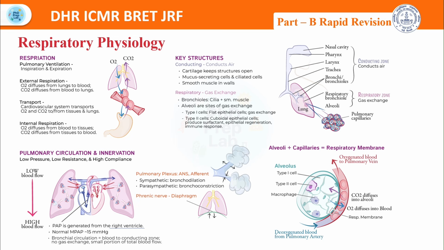Then you can see the pulmonary circulation and innervation. The pulmonary circulation is where the deoxygenated blood is carried from the heart to the lungs, there is exchange of O2, and it returns the oxygenated blood back to the heart. So this is your pulmonary circulation.